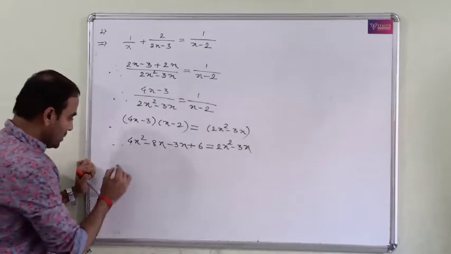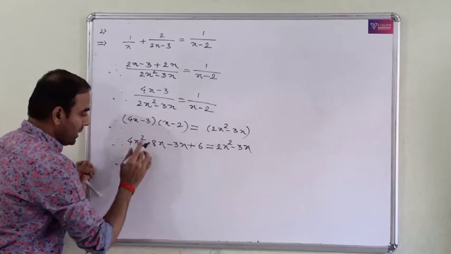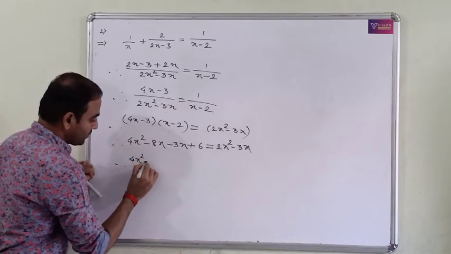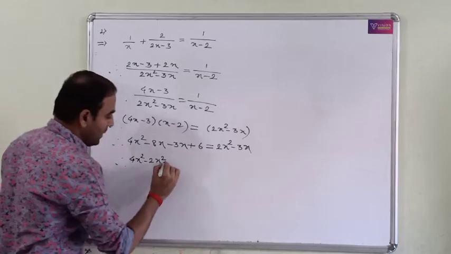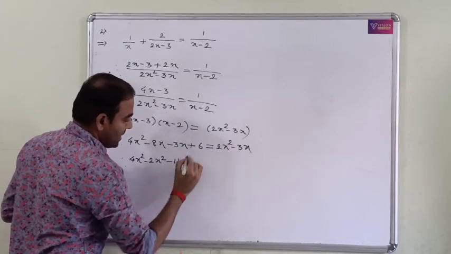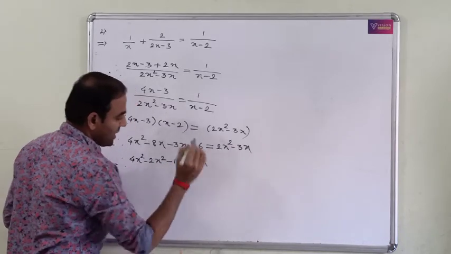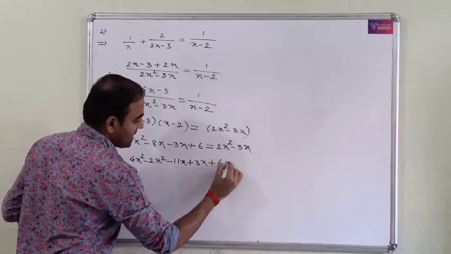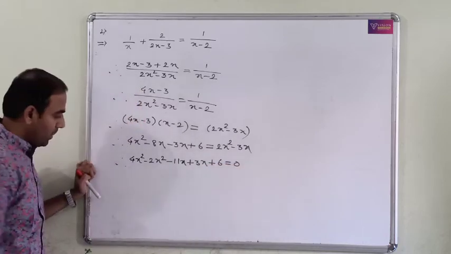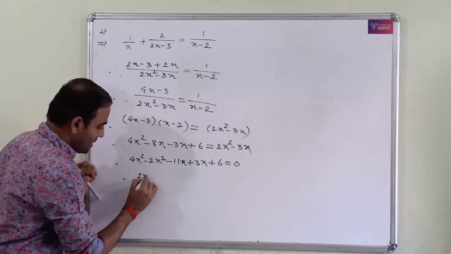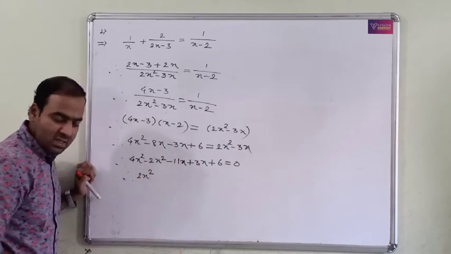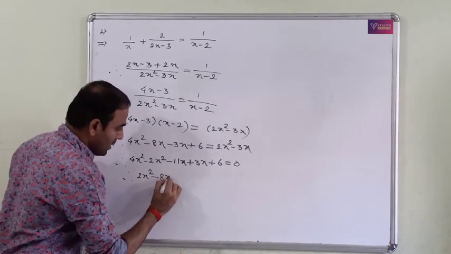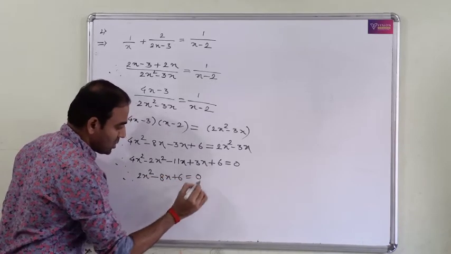Did you get it? So you get 4x square minus 2x square, minus 8x minus 3x is minus 11x, minus 3x converts into plus 3x, plus 6 as it is, equals 0. So the equation is 2x square minus 8x plus 6 equals 0.